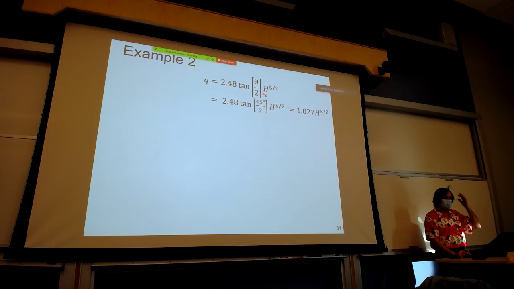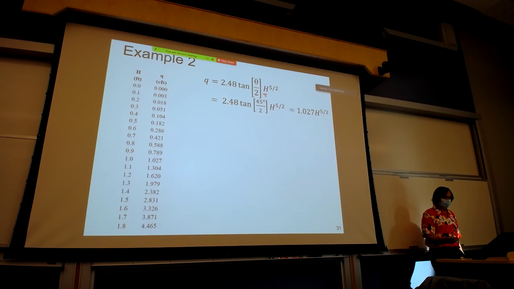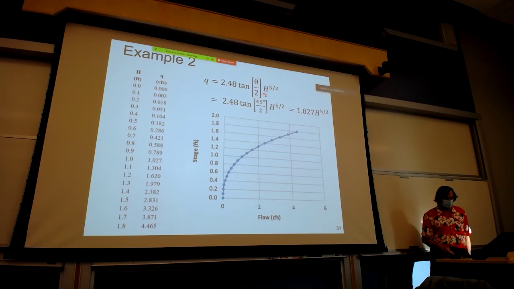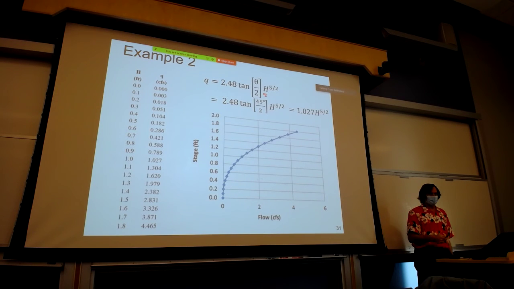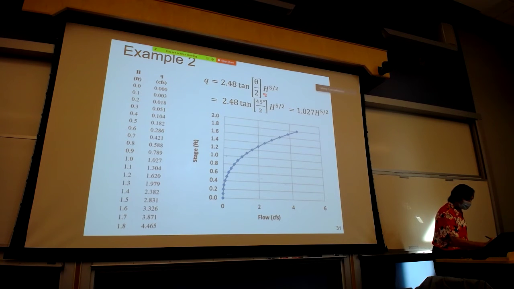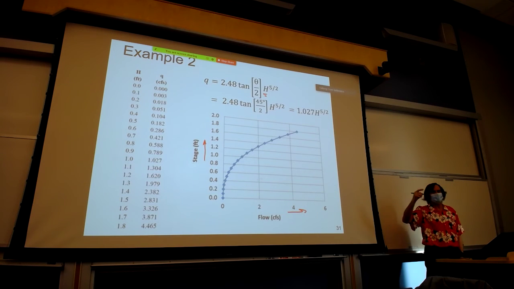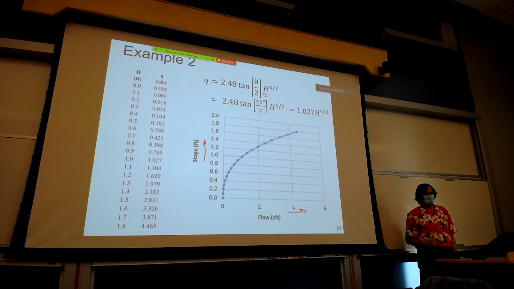It's a 45-degree weir, and we're just going to put in values of h in the spreadsheet and calculate the discharge. So that's the rating curve, and again, it's something you can plot. A function like this is called a monotonically increasing function. That is, as you increase one state variable, the other state variable increases. Monotonically increasing function.